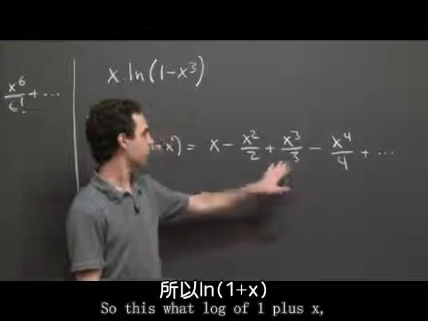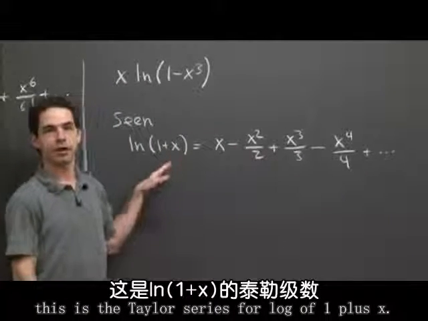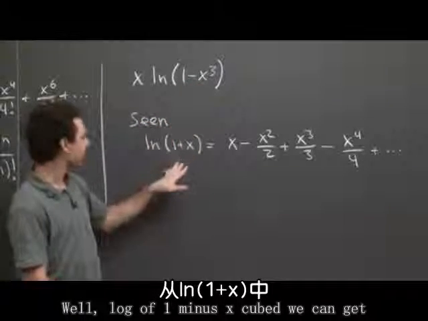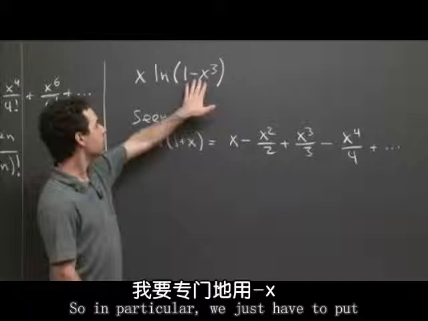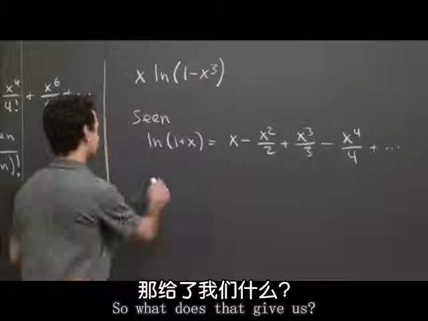This is the Taylor series for log of 1 plus x. How does that help us? Log of 1 minus x cubed we can get from log of 1 plus x with the appropriate substitution. In particular, we just have to put minus x cubed in for x here. So what does that give us?